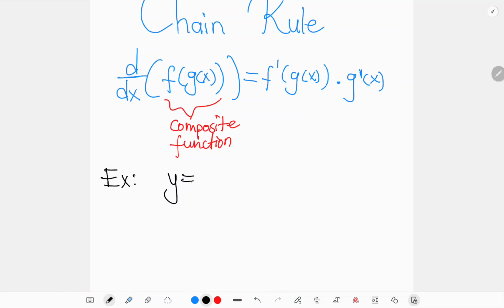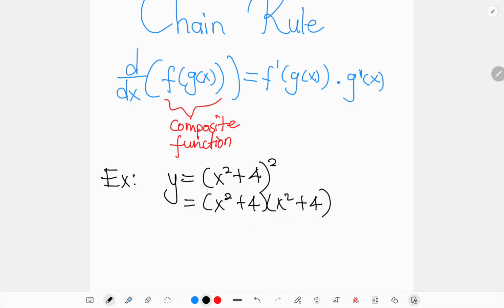We're given x squared plus 4, to the power 2, right? If you're given something like this, you could easily expand this to become x squared plus 4 times x squared plus 4.